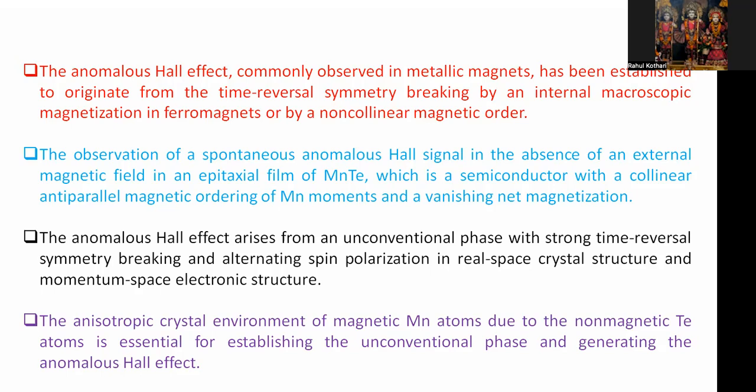And that is the reason why this particular arrangement of manganese atoms, or in technical terms the anisotropic crystallographic environment of the manganese atom in the MnTe system, is responsible for the observation of this spontaneous anomalous Hall effect, which is a totally new thing.